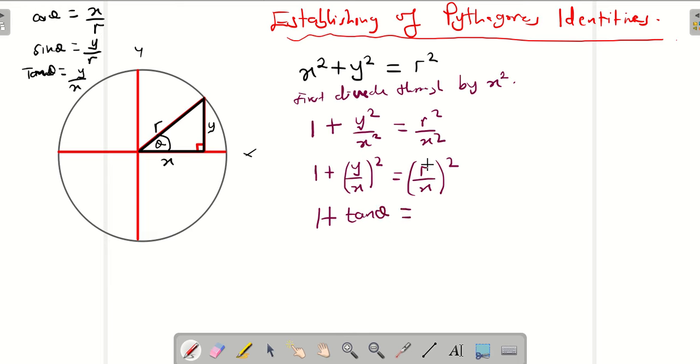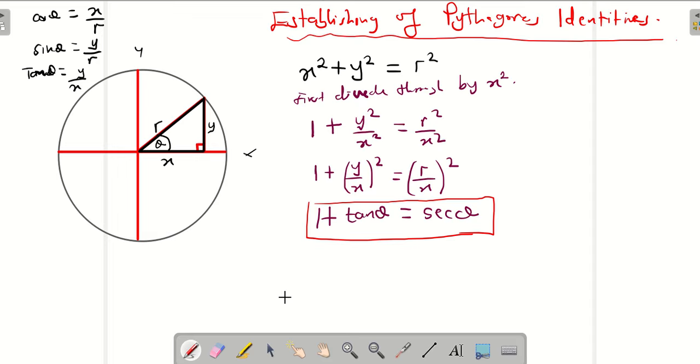Then should be equal to r over x, and r over x here is the same as the reciprocal of x over r, and we know that the reciprocal of cos theta is sec theta, so we have sec theta. So we have gotten one identity that we have to take note of. Let's take note of this identity.